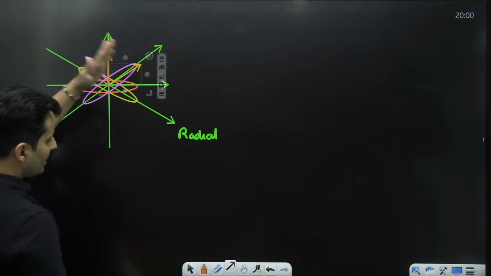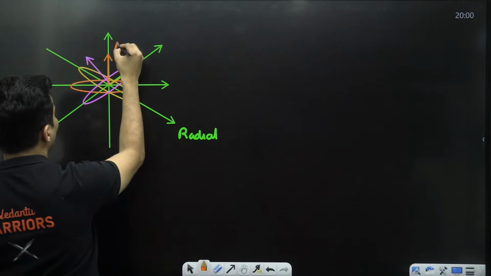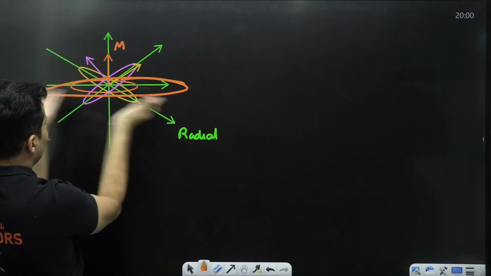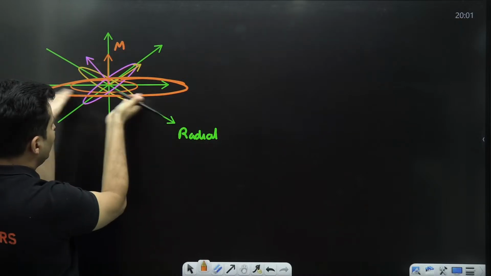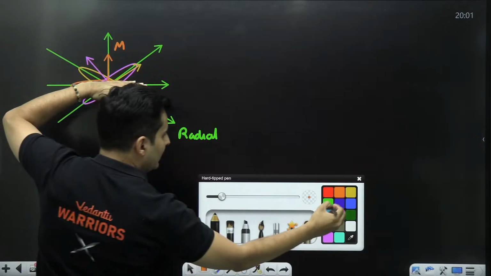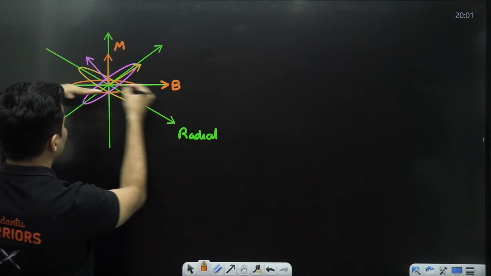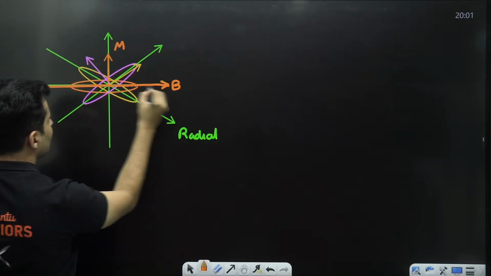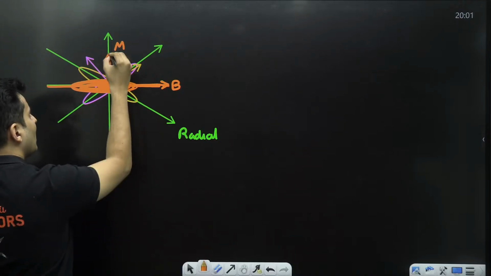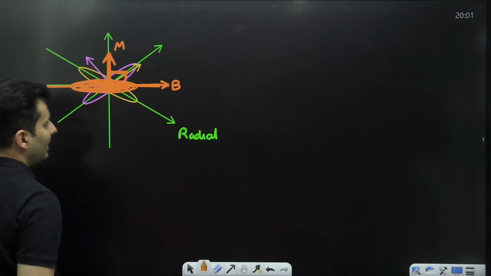Every time the respective magnetic moments are in such a plane that the coil experiences the force due to these magnetic field lines. This magnetic field line is in the plane of this particular coil.